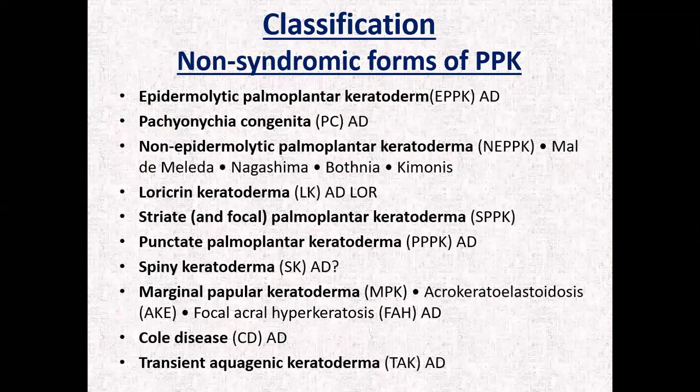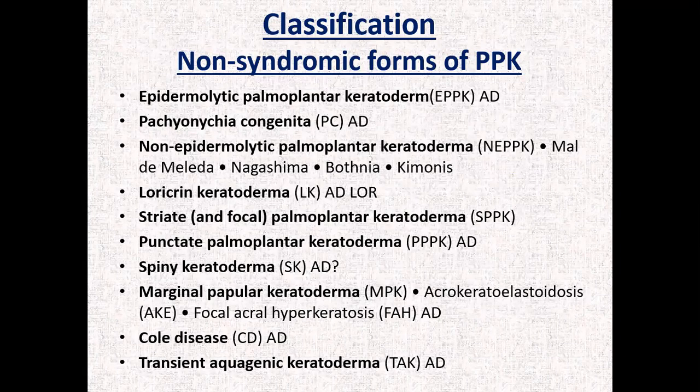And the significant palmoplantar keratodermas in this classification are the epidermolytic palmoplantar keratodermas, the Pachyonychia congenita, then non-epidermolytic palmoplantar keratodermas, which include the Mal de Meleda and other variants, Loricrin keratodermas, the striate and focal palmoplantar keratodermas, punctate palmoplantar keratodermas, spiny keratodermas, marginal papular keratodermas, Coase disease, and transient aquagenic keratoderma.